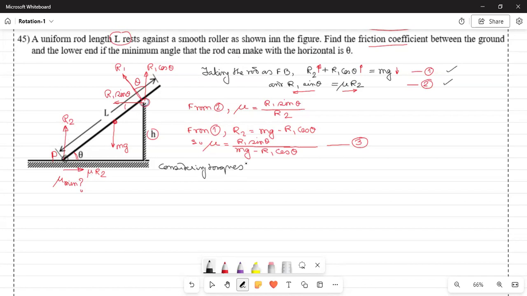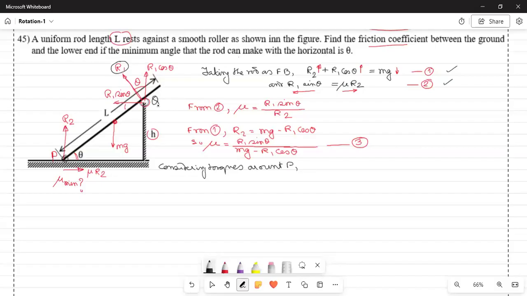So I write, considering torques around P. There is a force R1 trying to give an anti-clockwise torque: R1 multiplied by PQ.